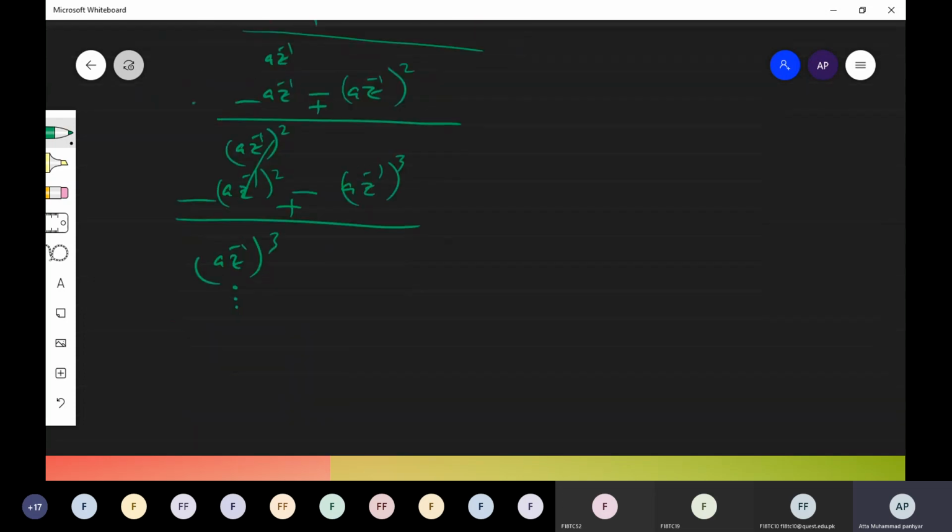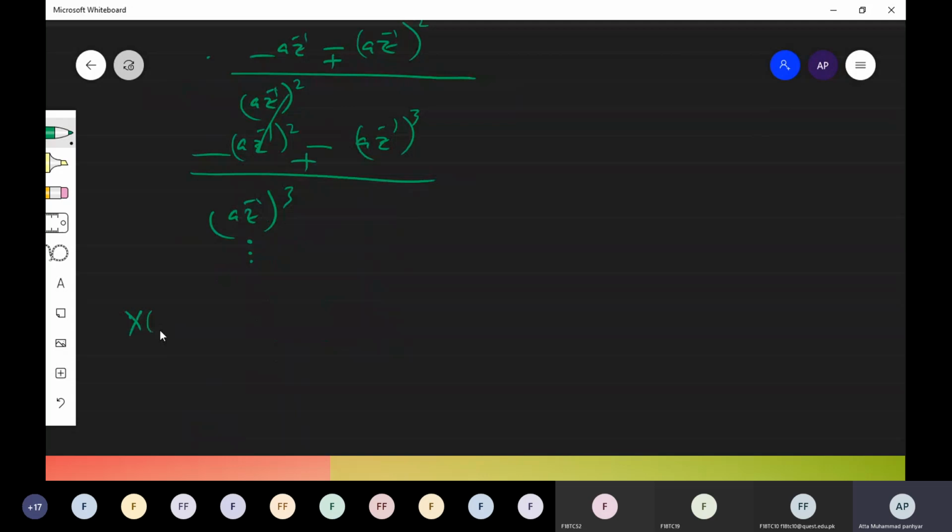So at the output what we get is our x of z equal to 1 plus a z inverse plus a z inverse whole square plus a z inverse whole cube, and this goes on. So can we write this as x of z equal to summation n from 0 to infinity of a z inverse whole power n, right?